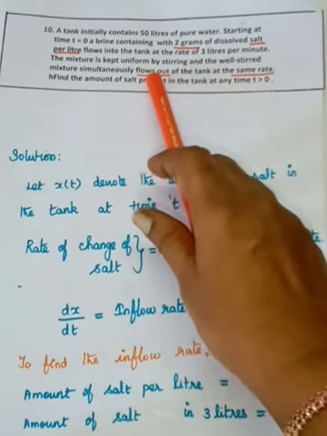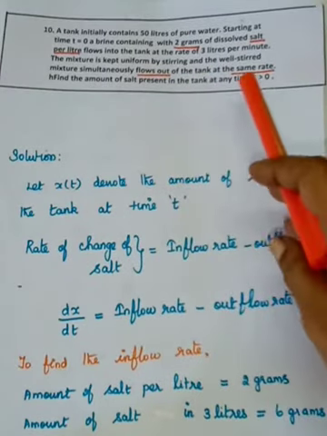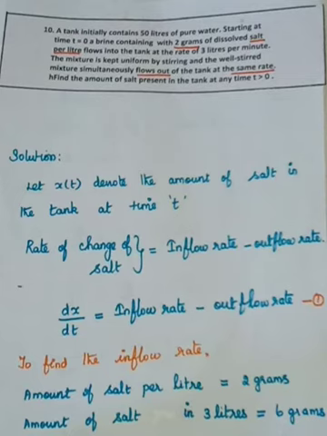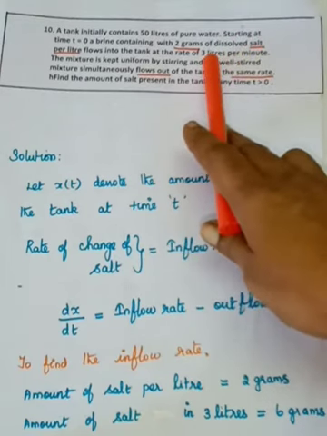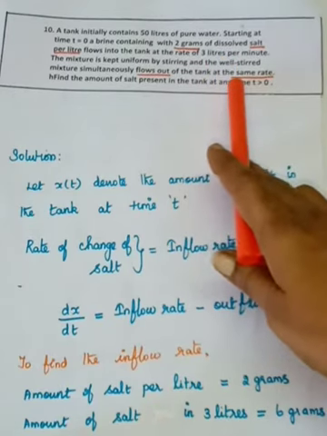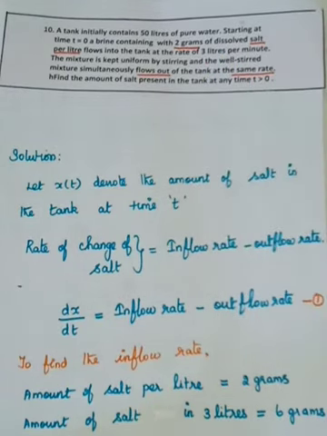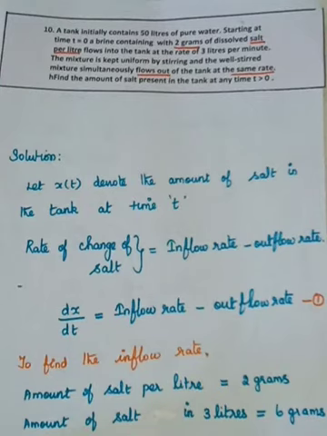The rate at which it flows into the tank, at the same rate it flows out. Per minute 3 liters of brine flows into the tank, so per minute 3 liters of mixture flows out of the tank. Then we have to find the amount of salt present in the tank.